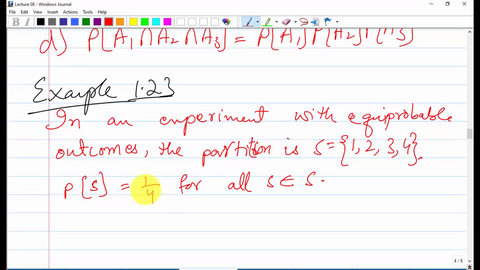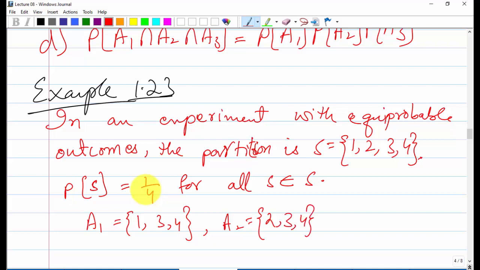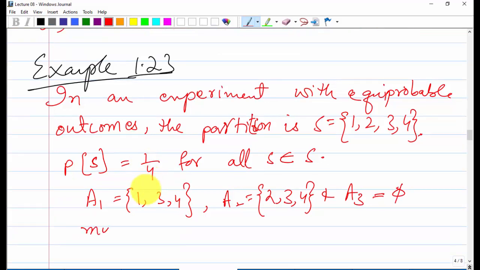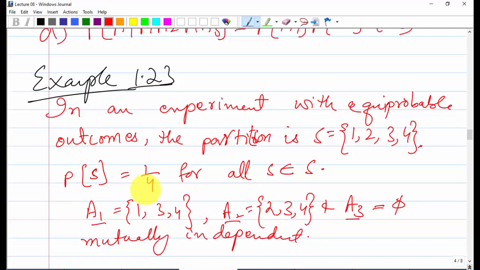So the question here is whether events A1, which is 1, 3, 4, A2, which is 2, 3, 4, and A3, which is a null set, are mutually independent. We have to show whether these three sets A1, A2 and A3 are mutually independent or not.